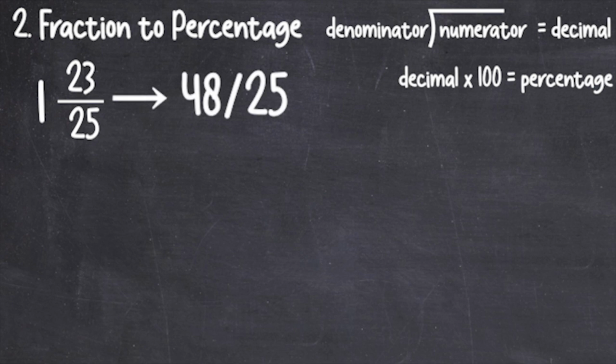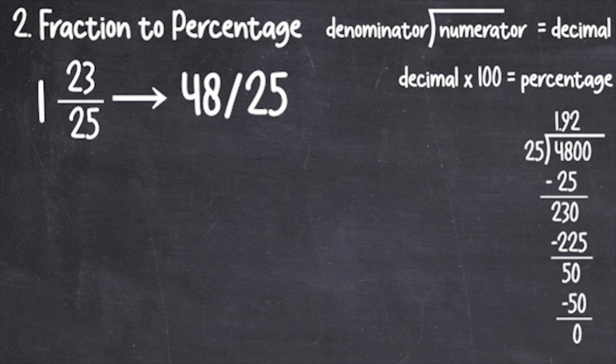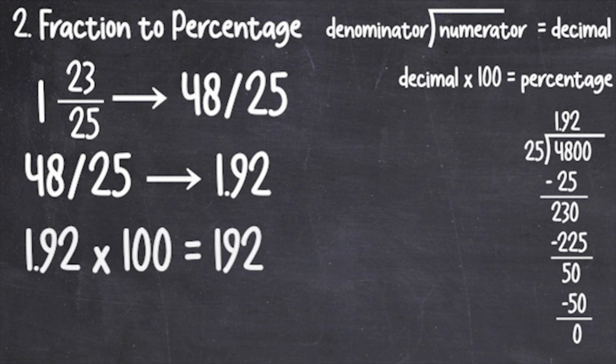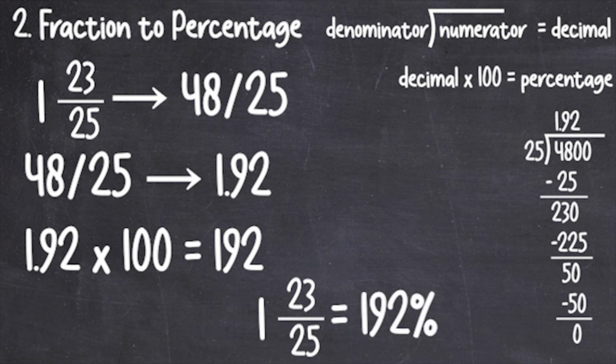Now, we can continue with the other steps. First, divide 48 by 25 to find the decimal number, which is 1.92. Then, multiply it by 100, which gives us 192. So, 1 and 23/25 is the same as 192%.